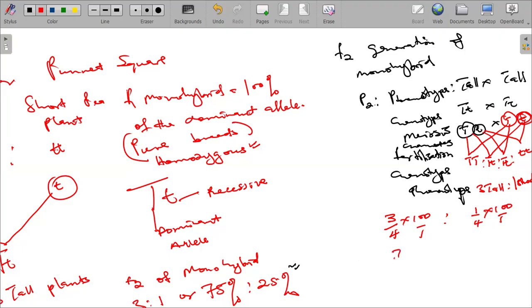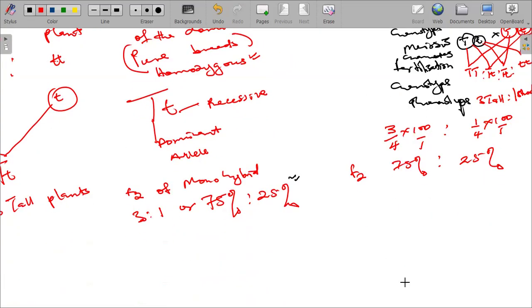So we get 75% to 25% of the F2, sorry, not F1. This is our F2 of the monohybrid cross. As you do that, you won't make mistakes, and you will know very well that you have got this correct.